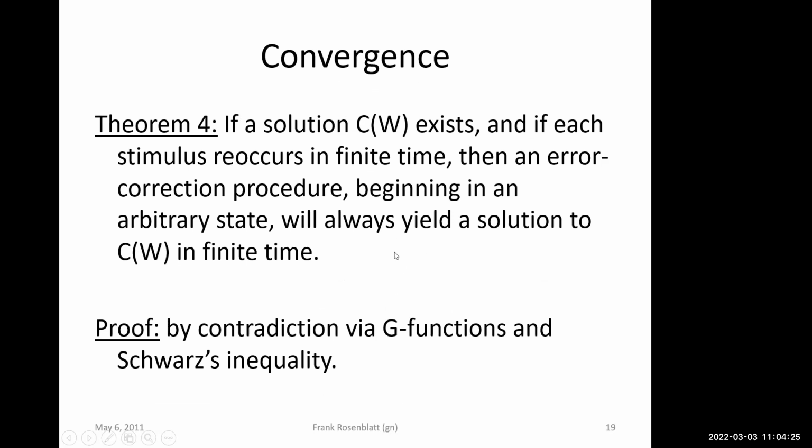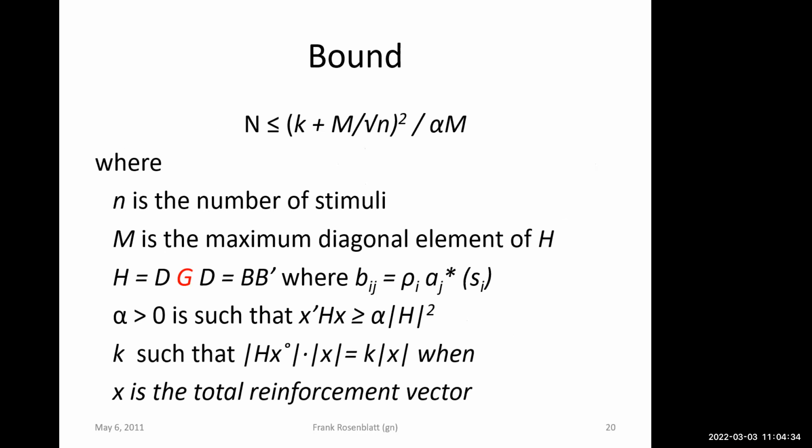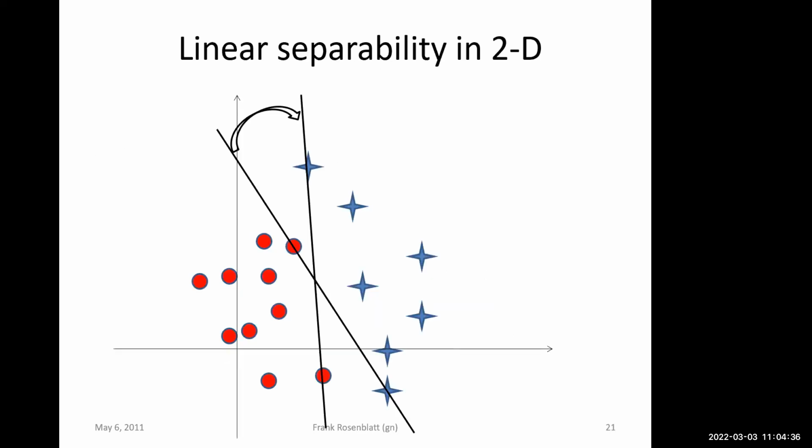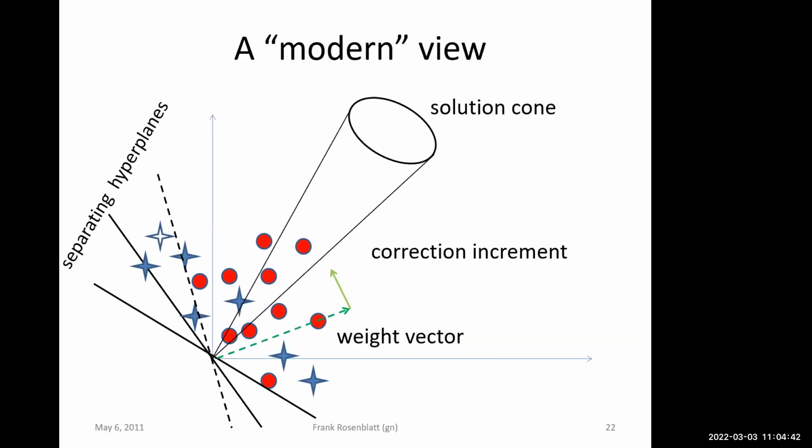He felt that there was a possibility that things could come in and lead to convergence of a solution of good weights. A lot of it's through linear algebra, and a lot of it depended on that linear separability idea, which today we think about as finding our solution zone.